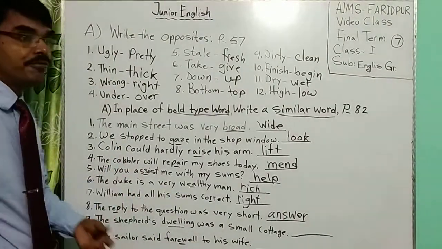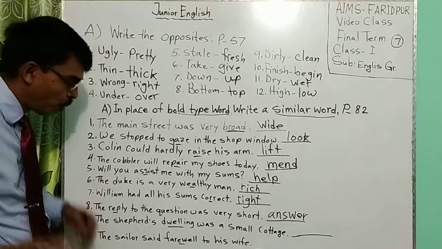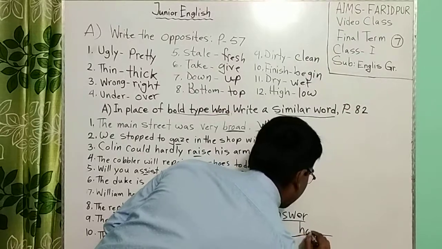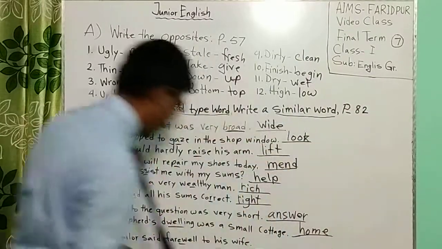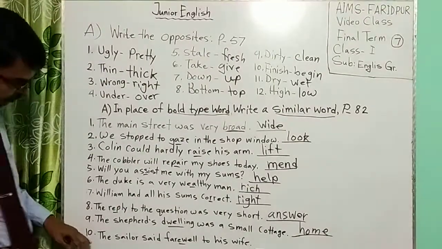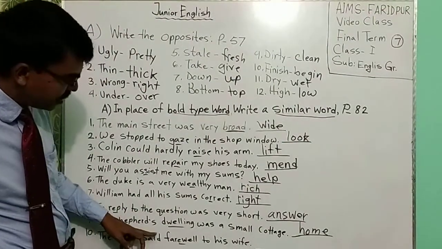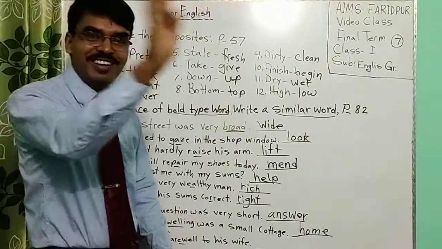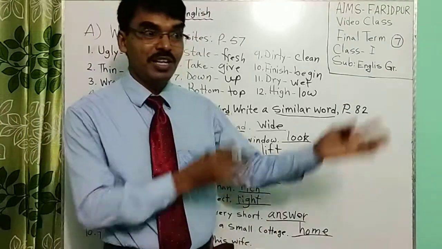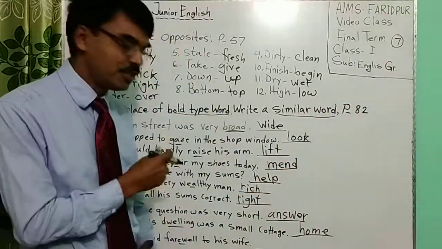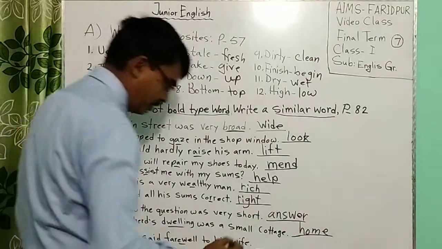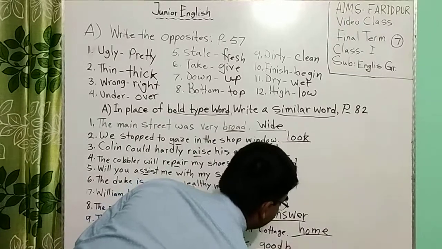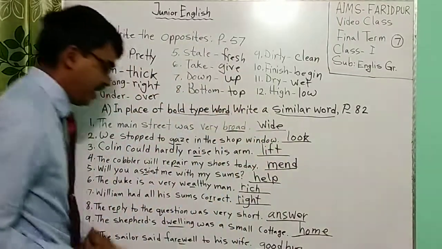Dwelling, where we live. So what is it called? Home. Dwelling, home. Number 10, the sailor said farewell to his wife. Farewell, at the last time when we leave each other, then we use this word. So another word for farewell, goodbye.